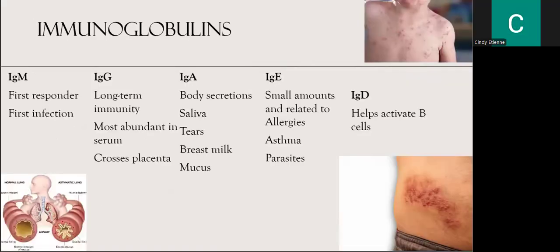Now, let's look at the five major immunoglobulins or antibodies. IgM is the first antibody produced during a new infection. IgG is the most abundant antibody in the blood and provides long-term immunity. It can also cross the placenta to protect a developing fetus. A great example is chickenpox.